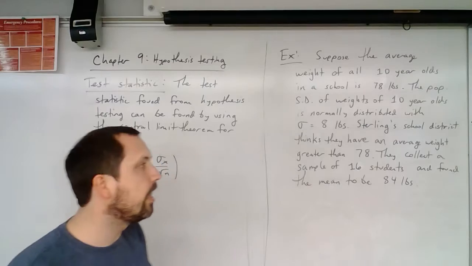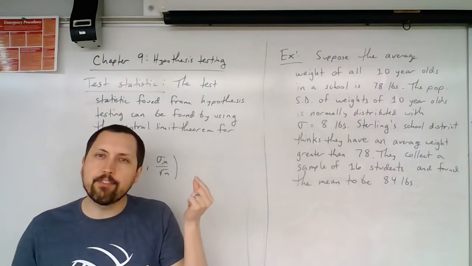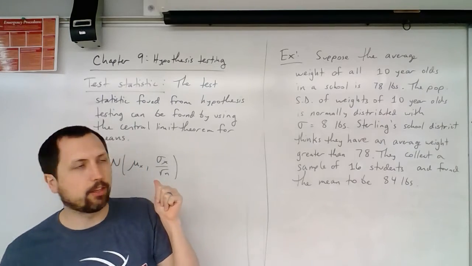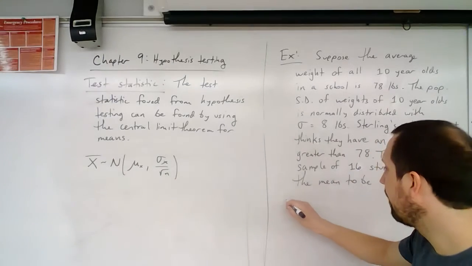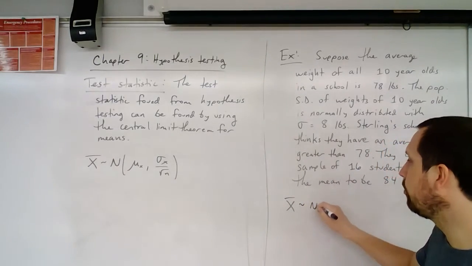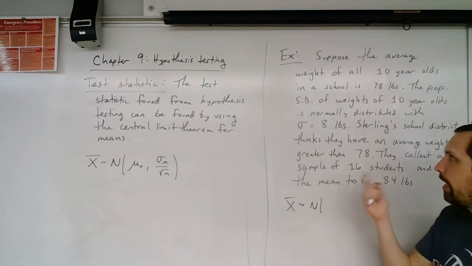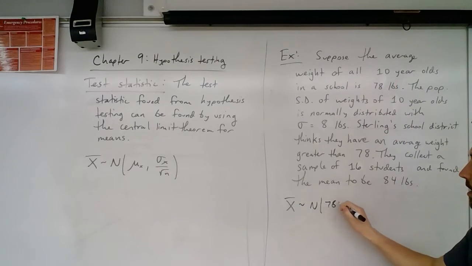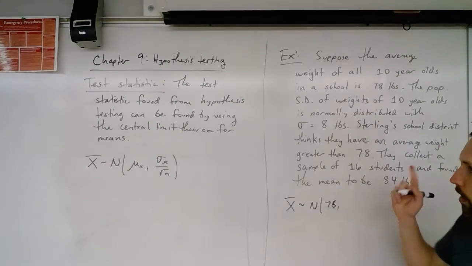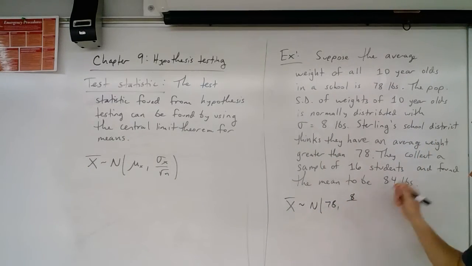All right, but let's take a look at what this would look like if we re-envision this back when we did the central limit theorem for means. So we have this x bar is approximately normally distributed, where the mean of the population in this case is assumed to be 78, and our population standard deviation in this case is 8, and our sample size is 16, so the square root of 16.